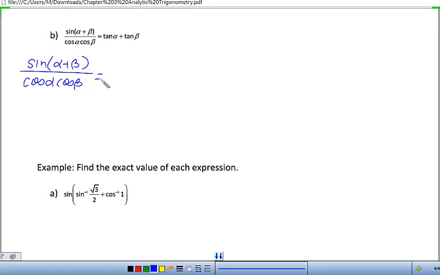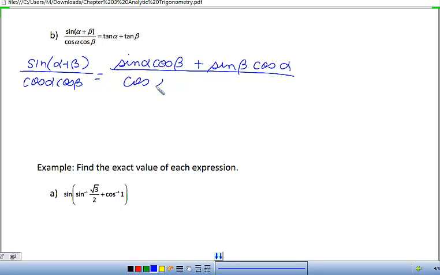Okay, well, I'm going to go on and expand my numerator using my sum formula for sine. So that gives me sine alpha cosine beta plus sine beta cosine alpha, all over cosine alpha and cosine beta.